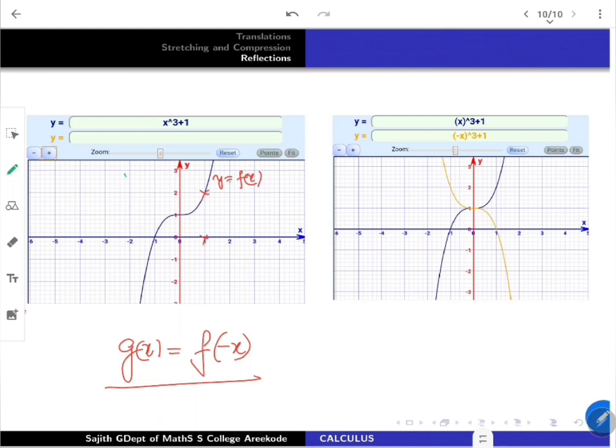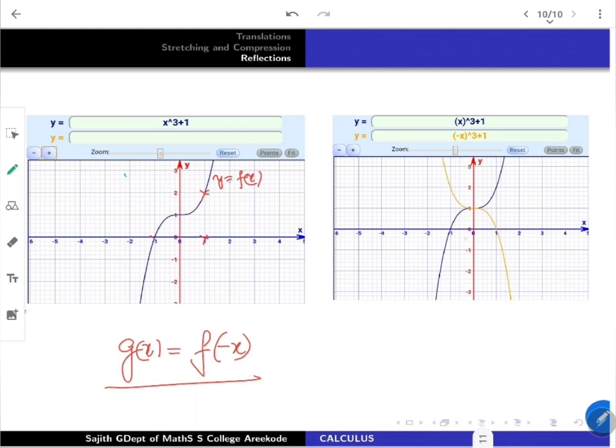So for the g value, if I am searching corresponding to the negative input, I have to give it to f and look at the value. So at this one, if I am interested in what my g value should be, I have to look for f at minus 1. So f at minus 1, I'm getting it here. So that has to be given here.